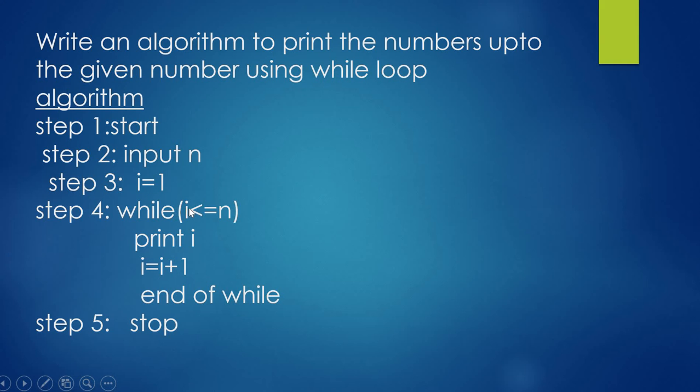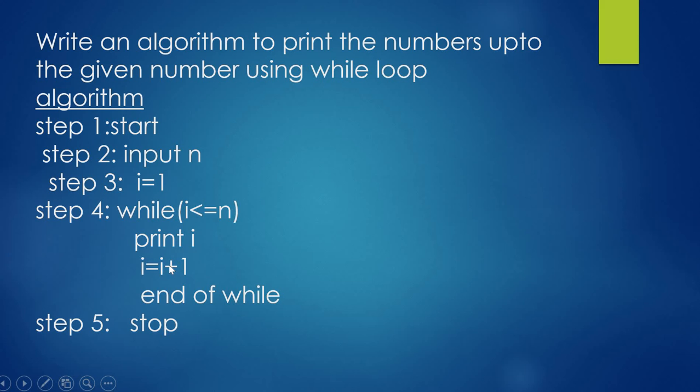Then I will become 2. 2 less than or equal to n. N means which value? Suppose n is equal to 3. First I is equal to 1. While 1 less than or equal to 3, print I, means 1 is printed. Then I is equal to I plus 1, means the value of I becomes 2. 2 less than or equal to 3, so print 2.